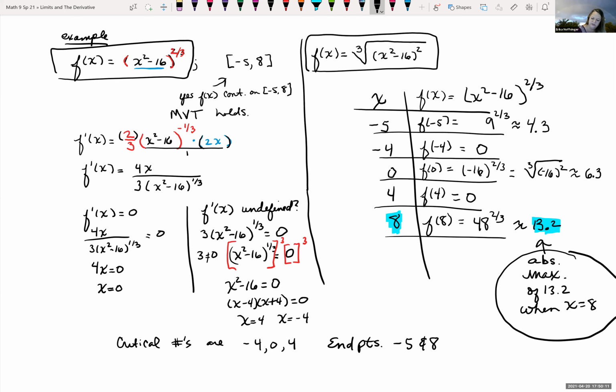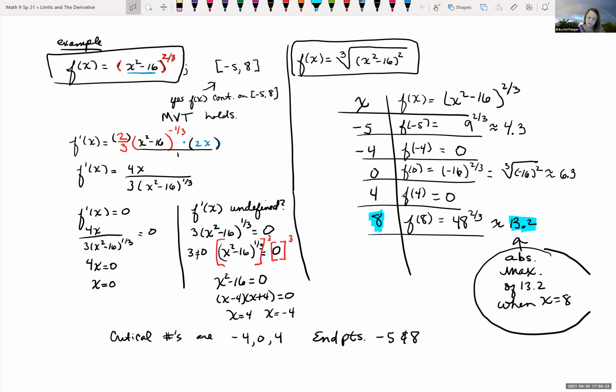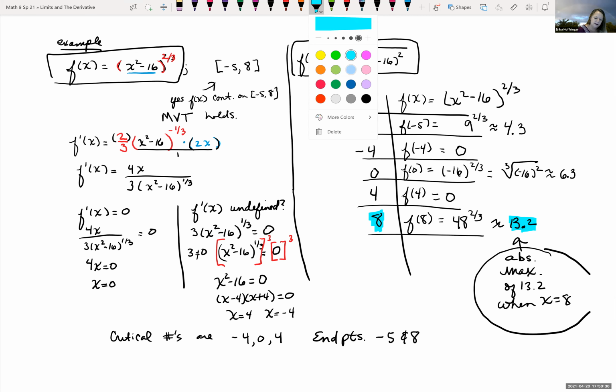And then looking at our smallest y value, we have 4.3, 0, 6.3, 0, and 13.2, which can't be the min. So 0 is the smallest number in here. And notice that it occurs twice, and that's okay.